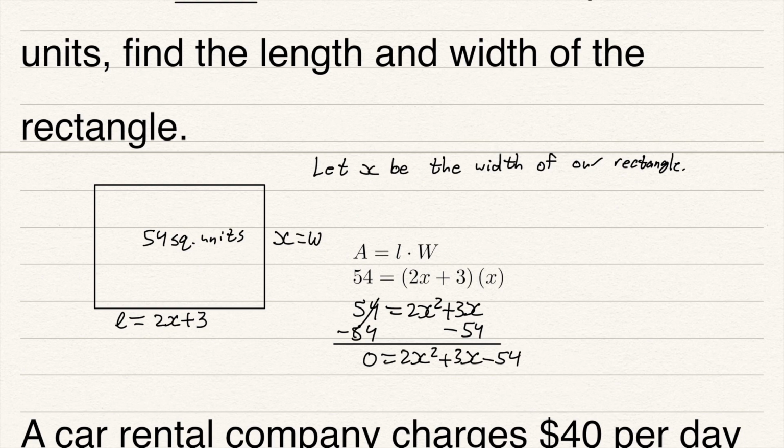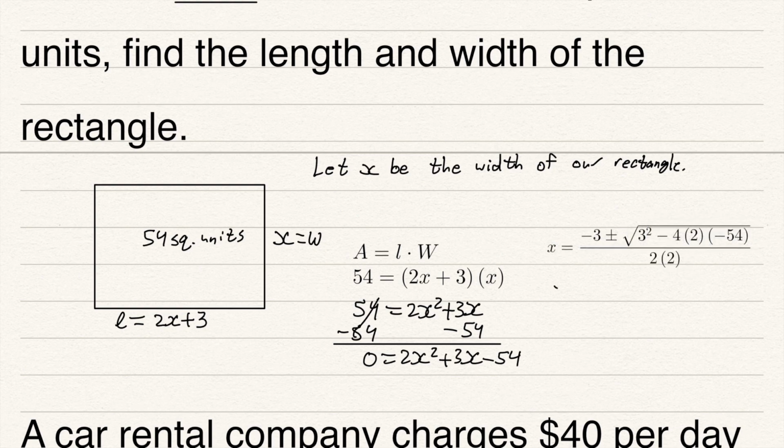Since 54 is a large number, it might be most convenient to select the quadratic formula, where x is equal to negative b plus or minus the square root of b squared minus 4ac, all over 2a.